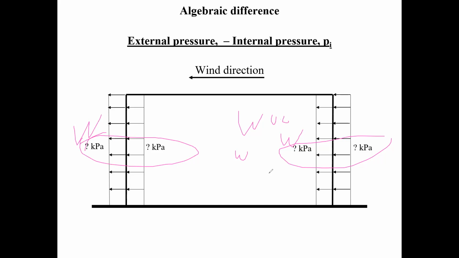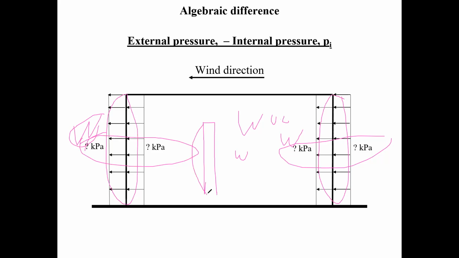What I'm trying to make you understand here is that I'm designing this stud on the leeward side, and I'm designing this stud on the windward side. Don't forget, if this happens to be bigger on the leeward side, that means this stud is going to have a higher bending moment due to suction on this side.